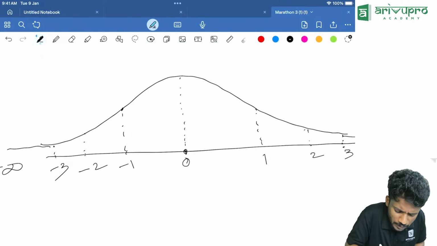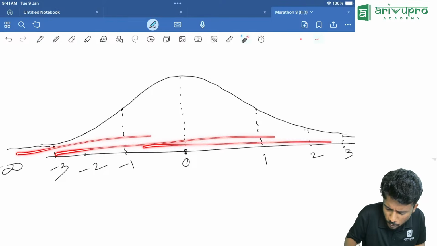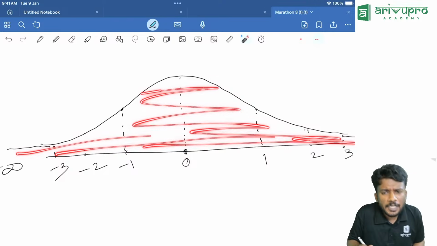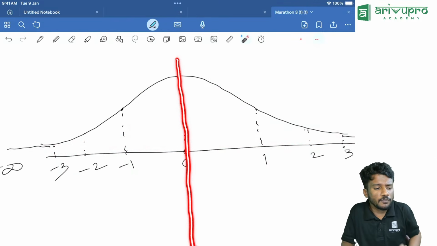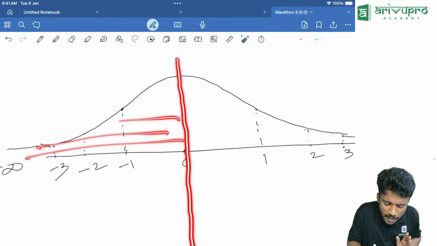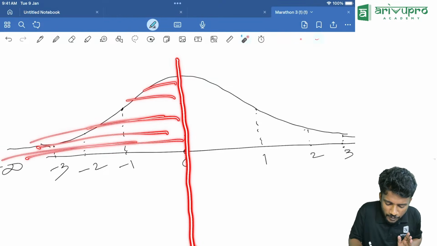Now, the total area under this curve is 1. Now I am cutting it into 2 halves. On the left-hand side, how much is the area from minus infinity to 0?